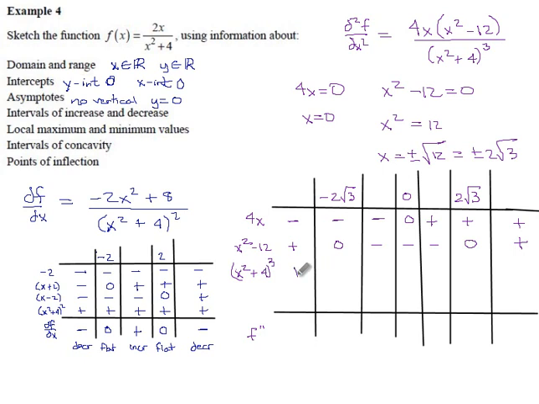X squared plus 4 is always positive, so this last row is very easy, and if you leave it off your table, it won't even hurt you, because positive numbers don't change things. So if we have negative times positive over positive, that comes out negative. Negative times 0 over positive, that's 0. Negative times negative over positive. 0 times negative over positive.